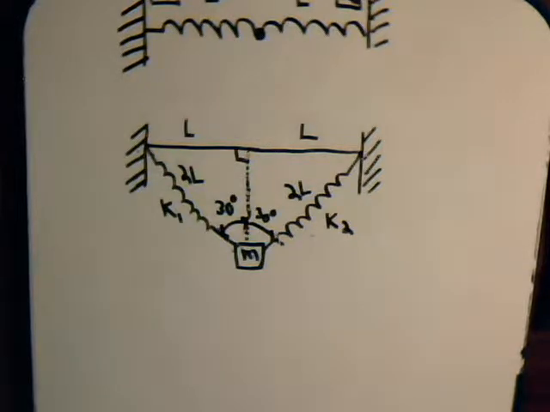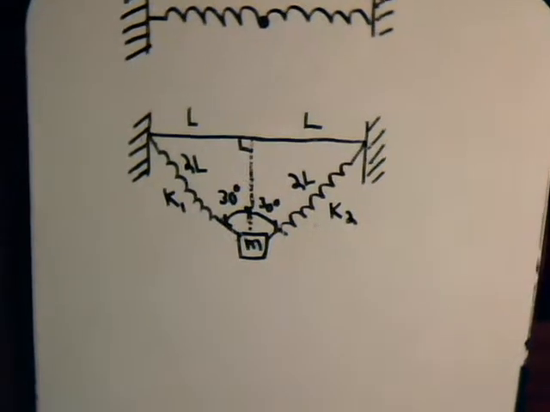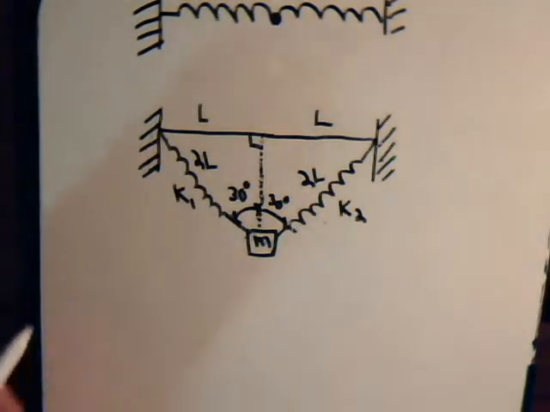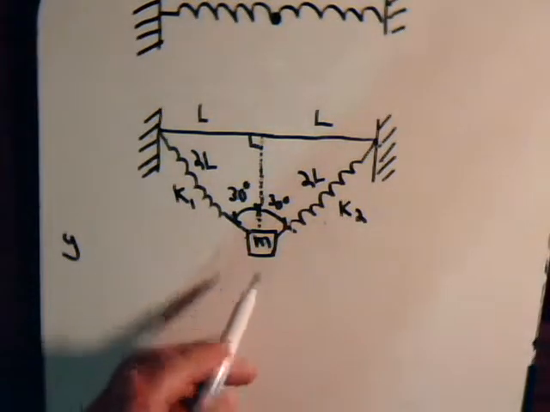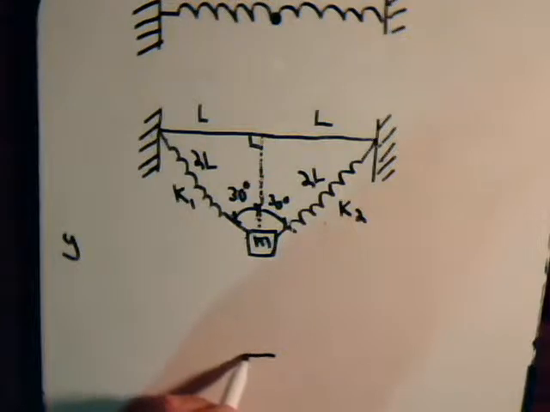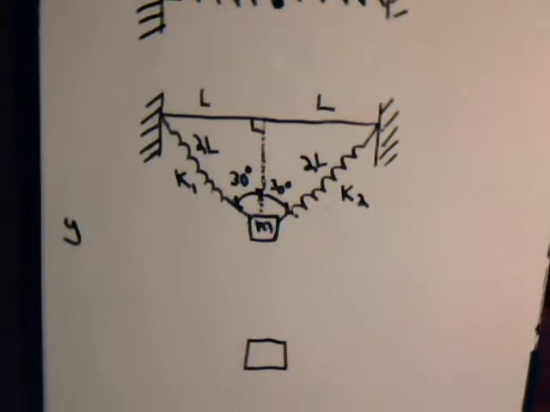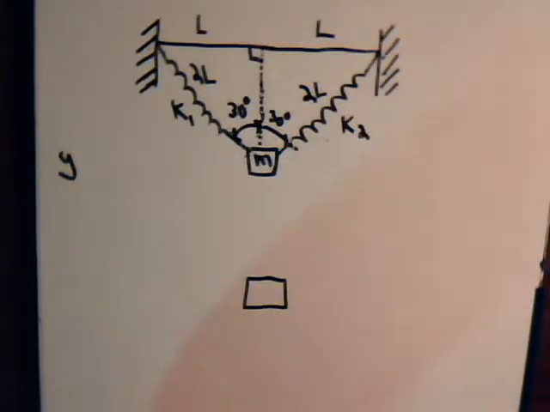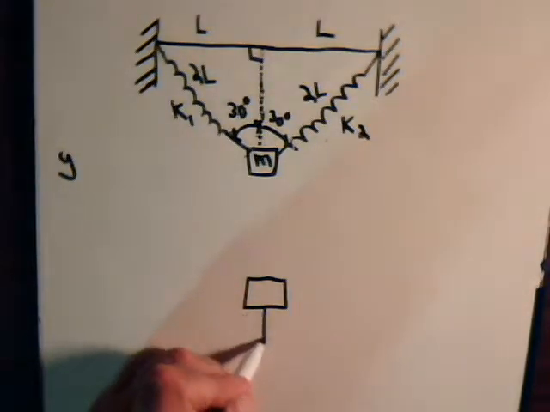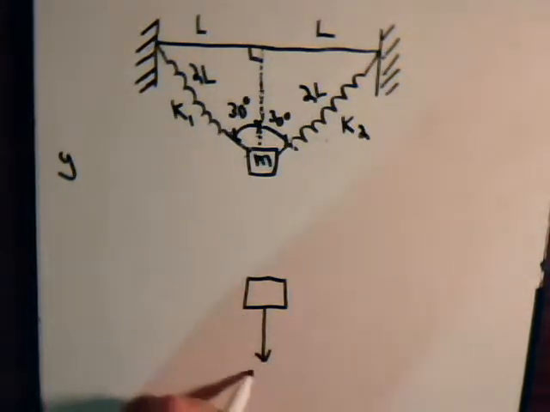Let's consider what the vertical forces would be, and the vertical forces we'll consider acting in the y direction. So we have the mass M, and of course gravity, that's a vertical force that goes straight down.